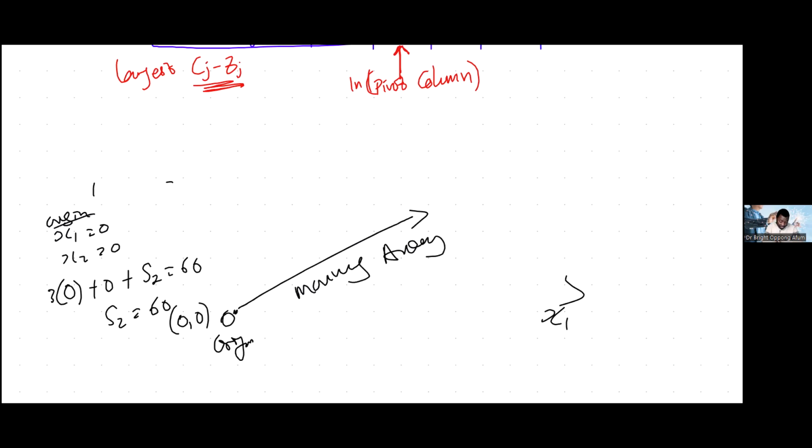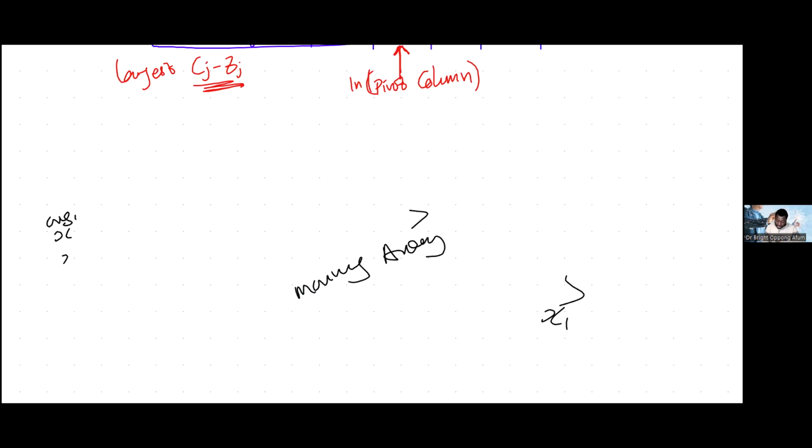So the first tableau is always an initial solution, which is easy to obtain, and the second tableau is actually based on the first tableau. All right. So the second tableau is, I think I can still use this.